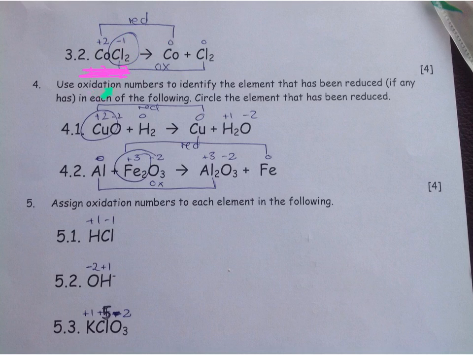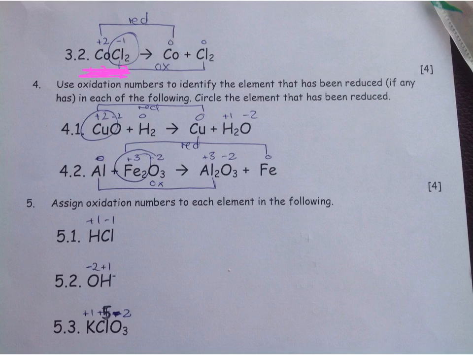Carrying on, use oxidation numbers to work out which one has been reduced, and circle that. And copper 2 plus, minus 1, 0, 0. Here again, this hydrogen is not plus 2. It's plus 1 as an oxidation number. Plus 2 is a calculation number. 0, 0, minus 2, minus 2.